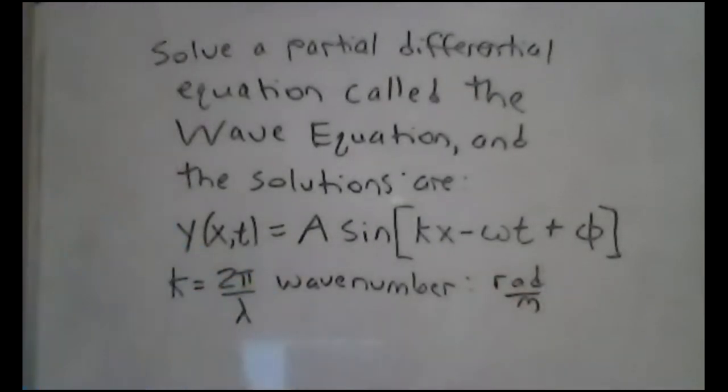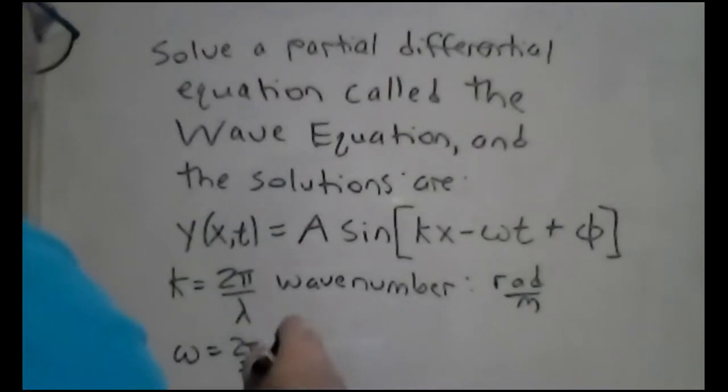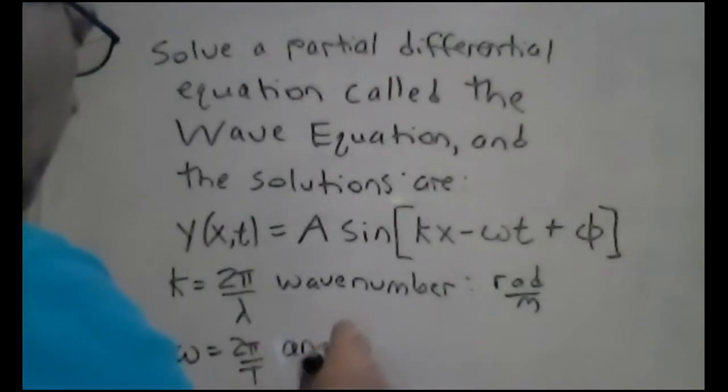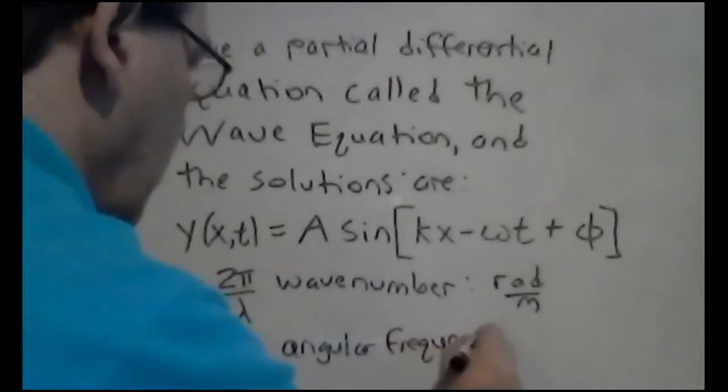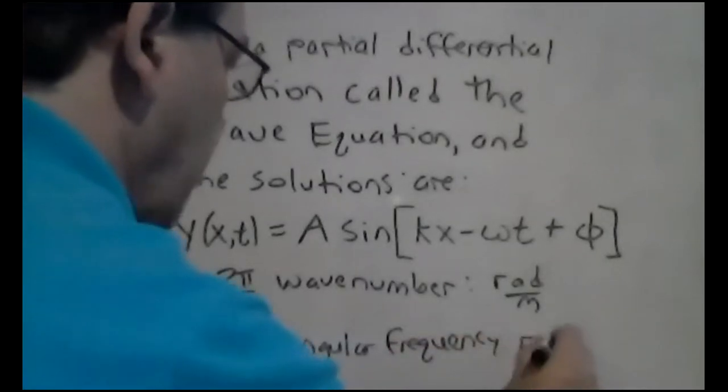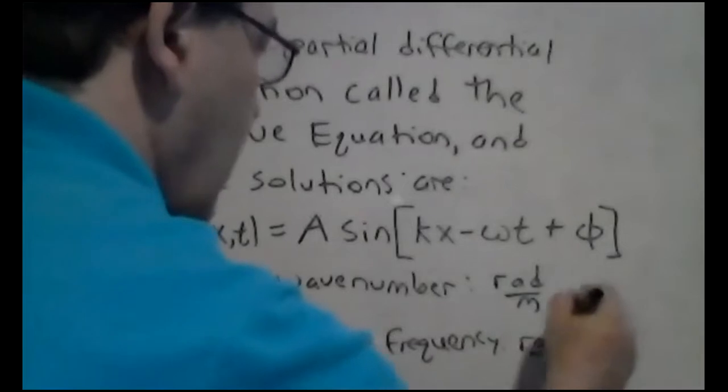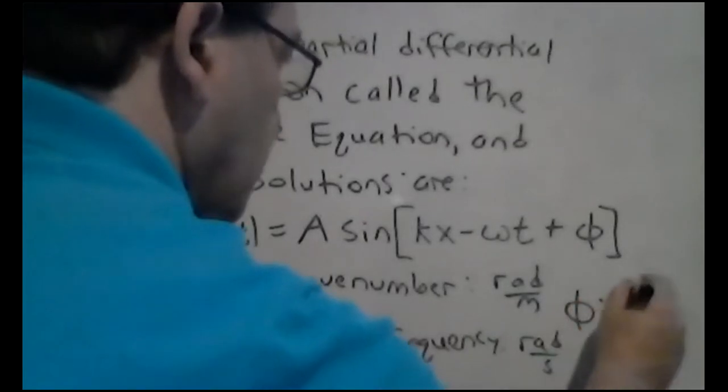We already know omega. That's 2 pi divided by the period. That is the angular frequency. Radians per second. Phi is a phase.